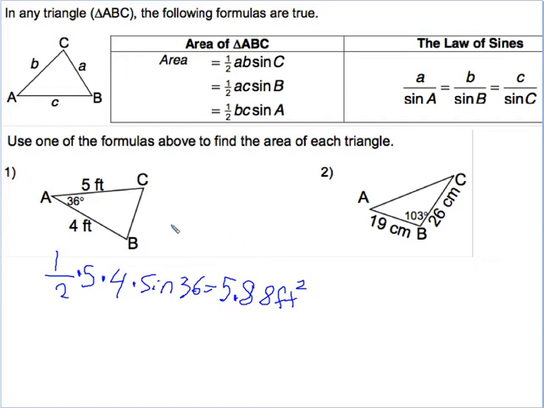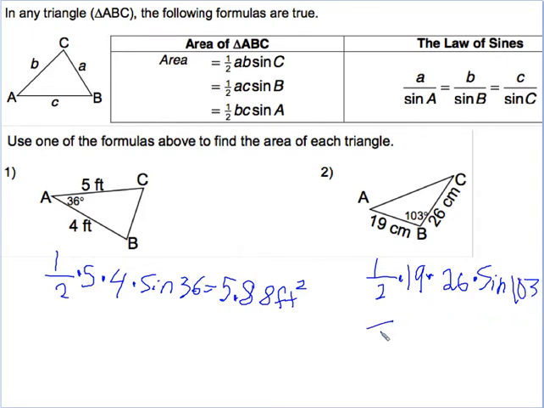So I just found the area of a triangle that is not a right triangle. That works the same no matter whether it's an acute or an obtuse triangle. If I do it again, I can find 1/2 side C, which is 19, times 26, which is side A, times the sine of 103, which is angle B. I plug that all in the calculator.